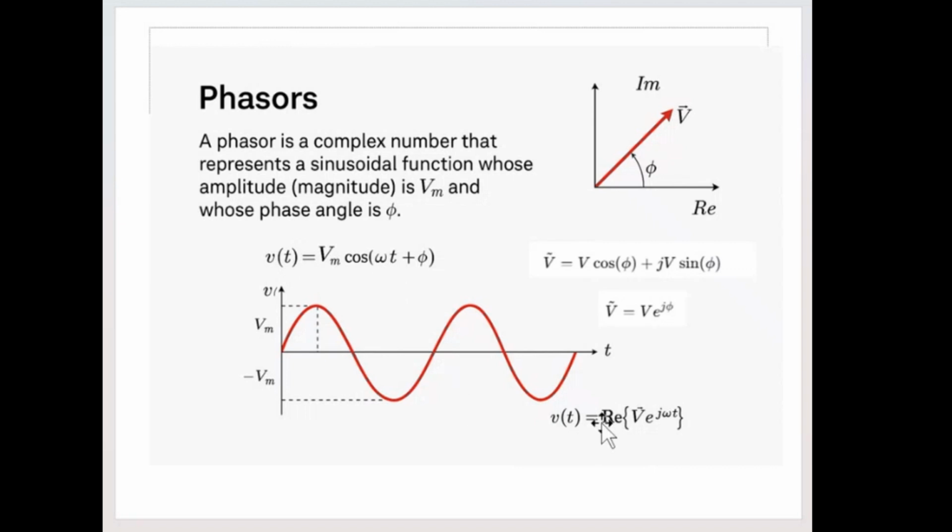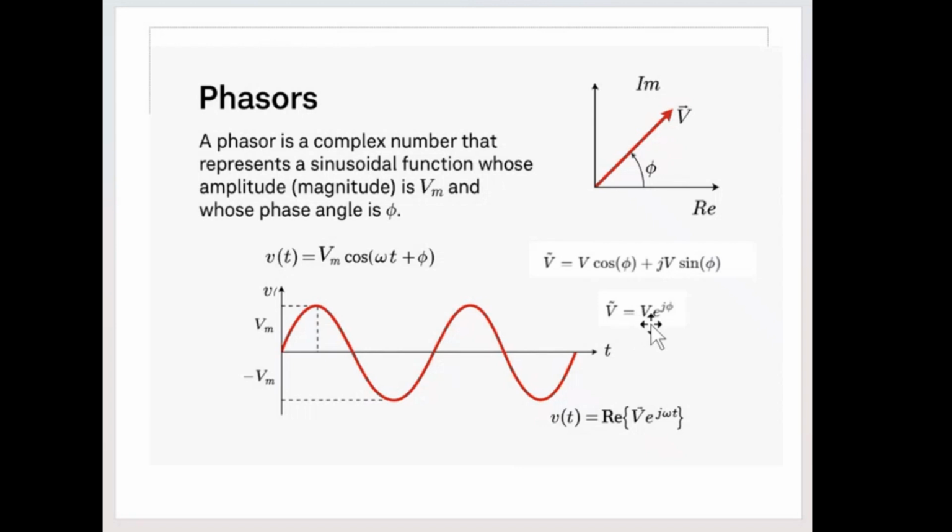So first of all, this time domain function can be defined as the real part of V tilde times e to the power of j omega t. But what is V tilde? V tilde, we define it here.